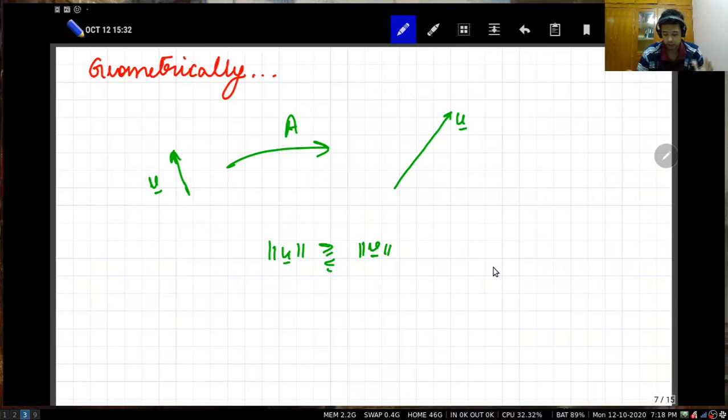And also it gets rotated, right? It could be rotated by a certain angle, right? So in other words, the inner product between U and V determines the angle between U and V.